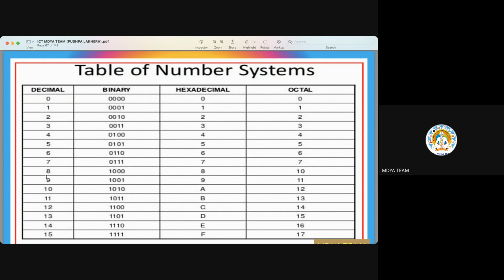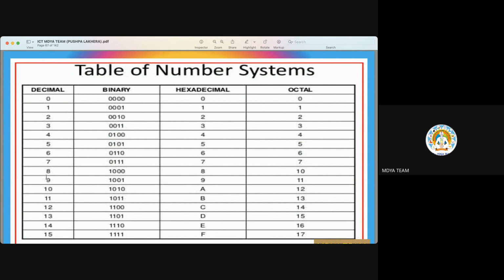Here the binary representation is of the decimal number. 0 is represented by 0000. The maximum number here is 15, so the decimal numbers are written till 15.